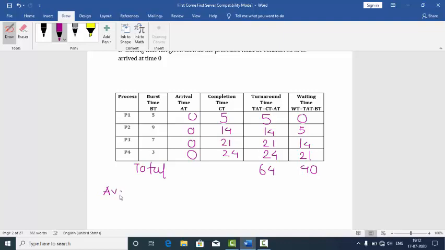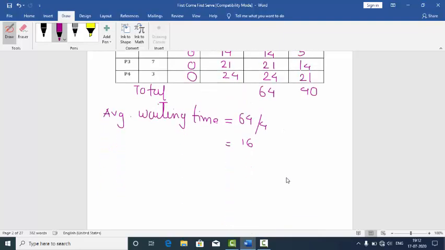Now average waiting time. What is the average waiting time? It is total divided by number of processes, which is how much over here? It is 16. Then average turnaround time.